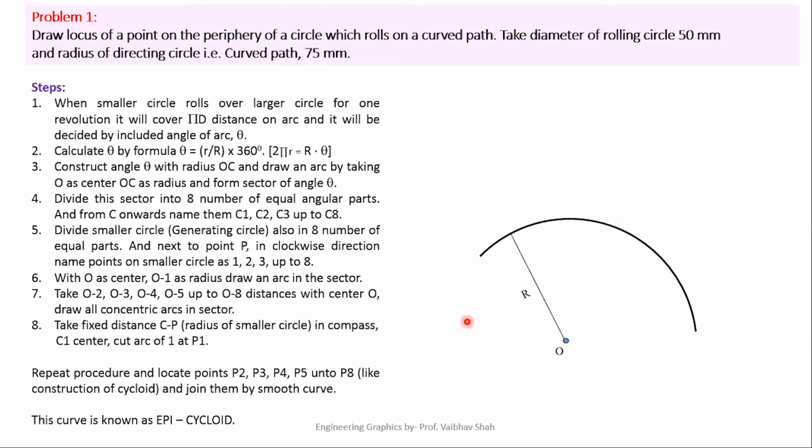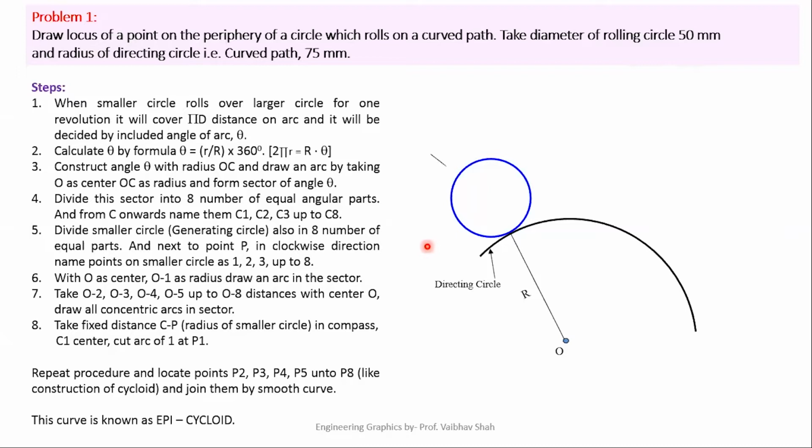Now, after plotting this circular arc, we must define this curve. This is a directing circle. Directing circle is the circle which directs the motion of rolling circle above it. Now, let us draw another circle which is a rolling circle. Here the diameter of rolling circle is 50 mm. So we have drawn this circle with 50 mm as a diameter, that means 25 mm as a radius.